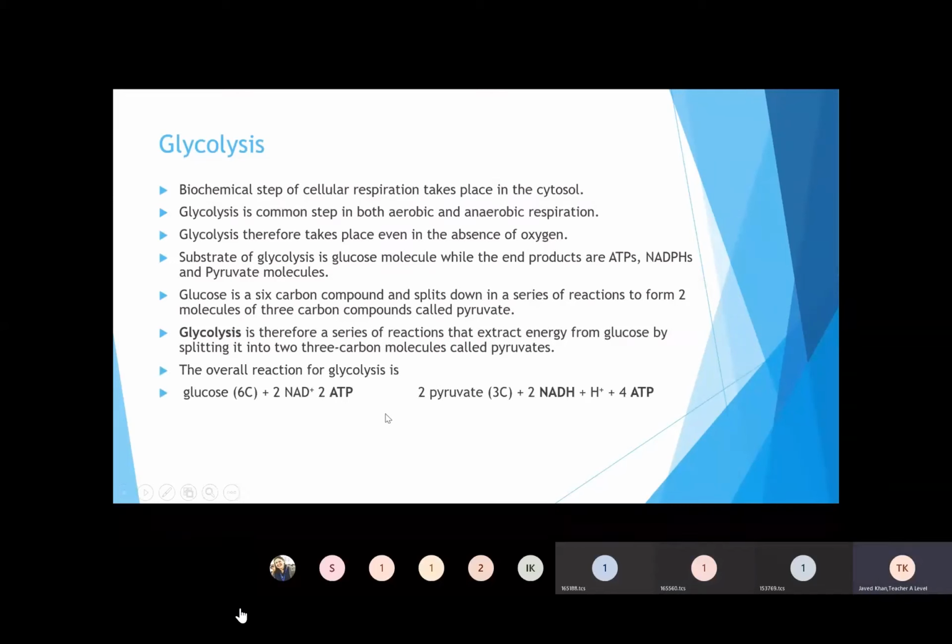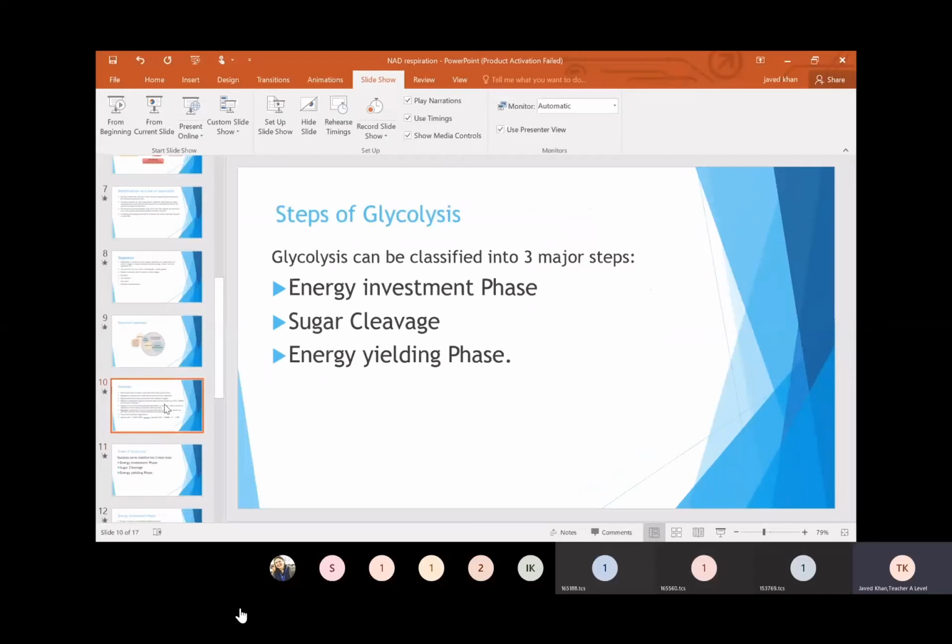The overall reaction for glycolysis is now in front of you. You can see glucose, a 6-carbon compound, and we use the word NAD plus, and also here we should write 2 ATPs as well. I'm just going to correct this one.